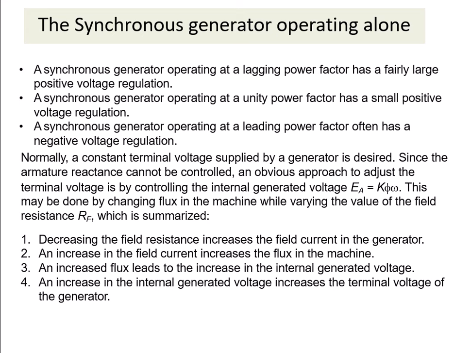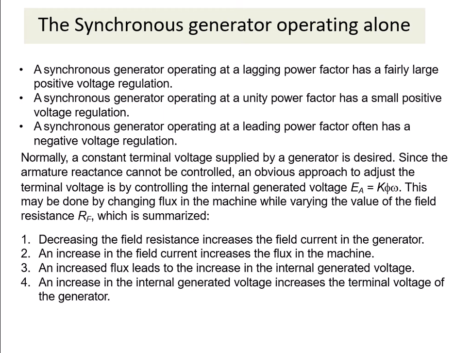First, decreasing the field resistance increases the field current in the generator. Then an increase in the field current increases the flux in the machine.